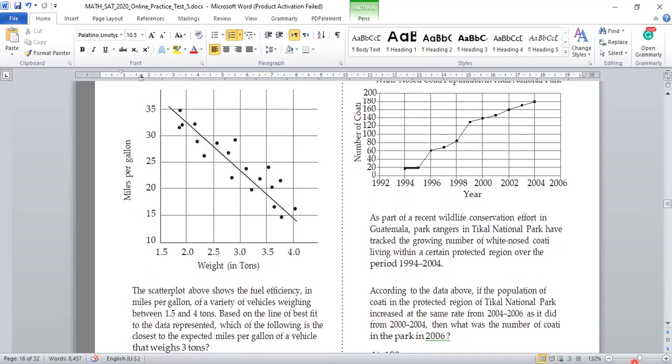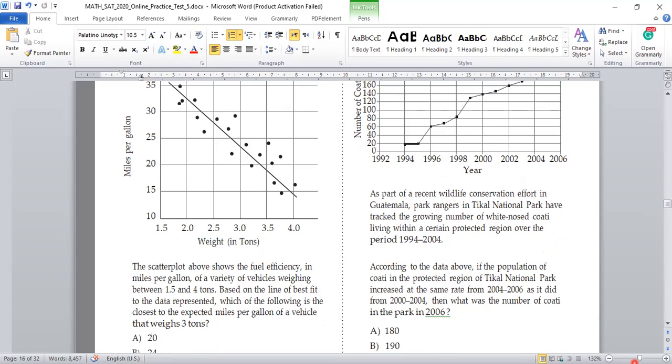According to the data above, if the coyote population in the protected region of Tikal National Park increased at the same rate from 2004 to 2006 as it did from 2000 to 2004, what was the number of coyotes in the park in 2006?